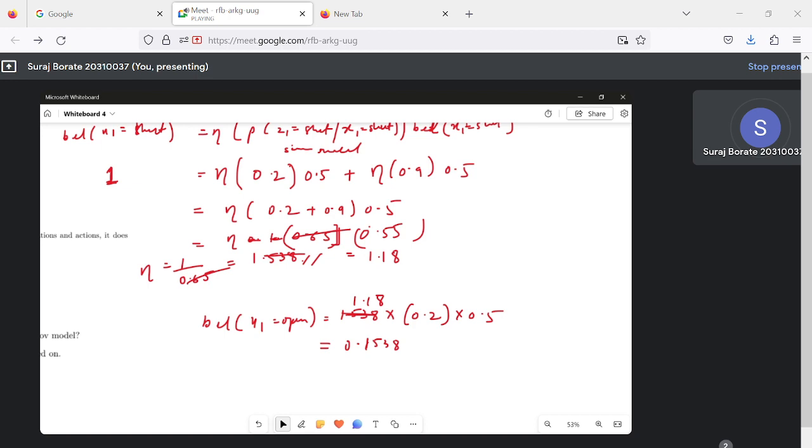This is 1.8 and you will get 0.18. Okay, so I'll go through the entire calculation once. And similarly, if you are getting 0.18 here, what you should get for door shut will be 0.82, right? Because 0.18 plus 0.82 is 1. So the sum of the probabilities of all the mutually exclusive events should be 1.